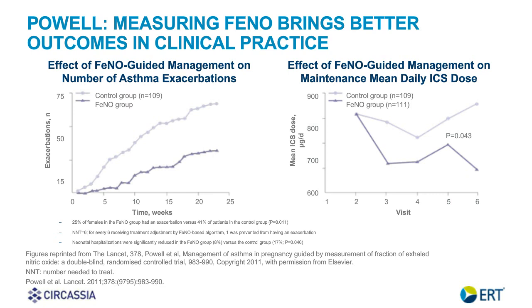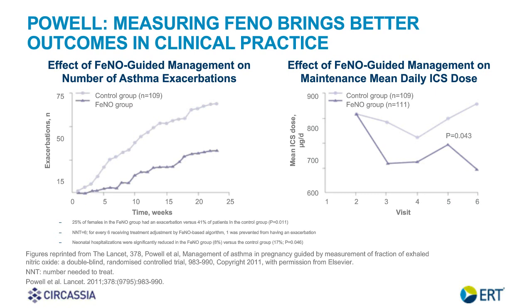Now, if you look at the right-hand side, you can see that compared to the control group, the FeNO group was managed with a lower daily dose of inhaled corticosteroids. So despite the fact they were using less medication, they had better control with far fewer exacerbations. The number needed to treat here was 6, so for every 6 patients receiving treatment, 1 was prevented from having an exacerbation.